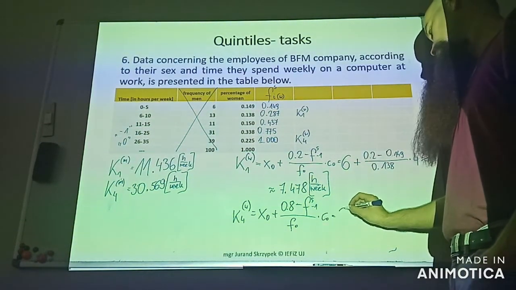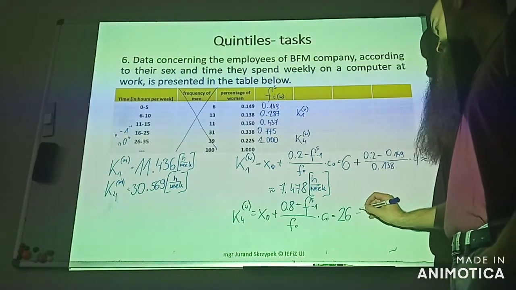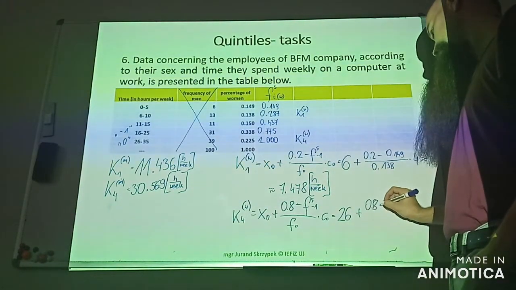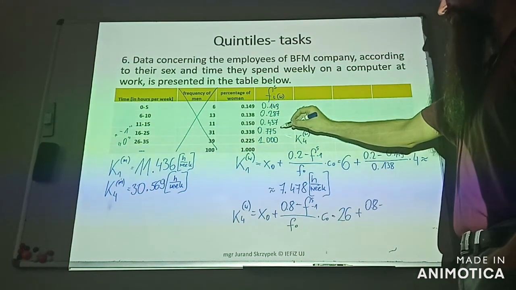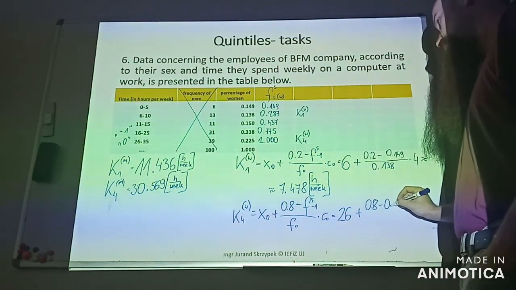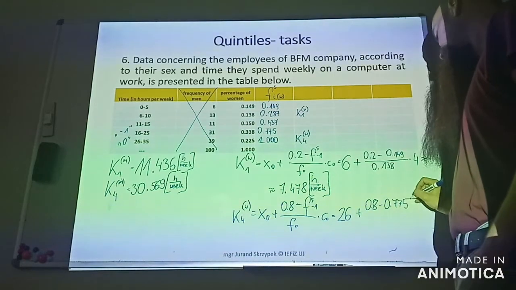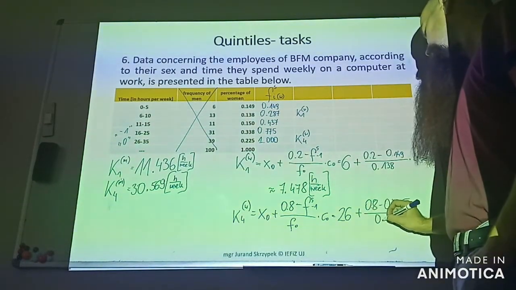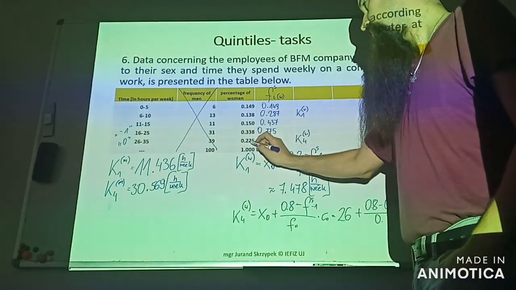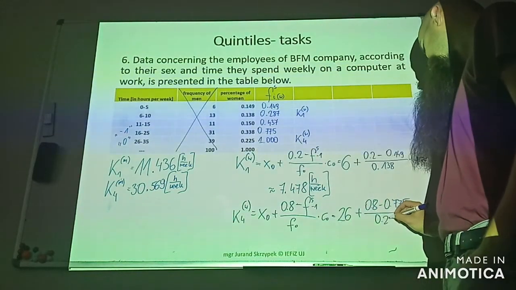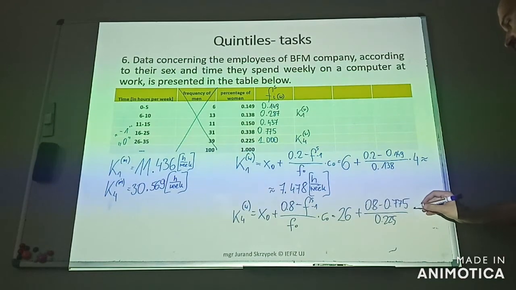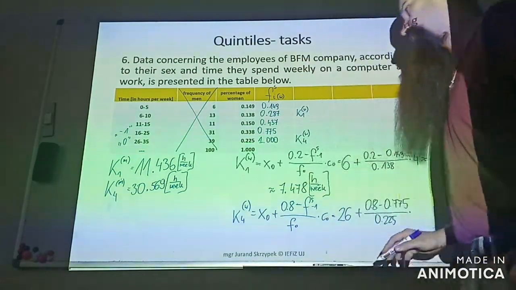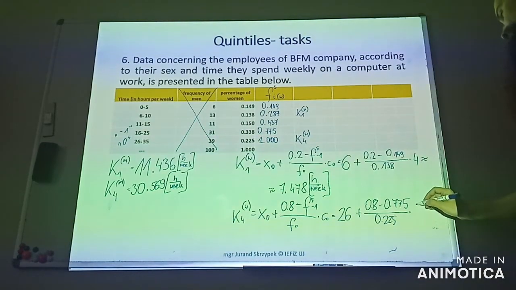Here we have 26 plus 0.8 minus the cumulative relative frequency from the previous class, 0.775, divided by 0.225. This is the relative frequency from the last class, multiplied by this difference, which is equal to 9.